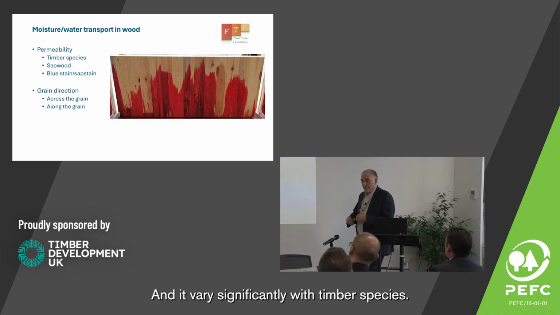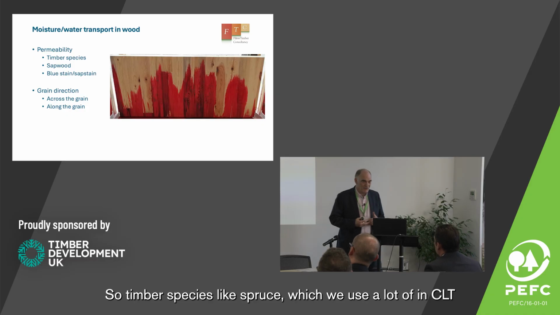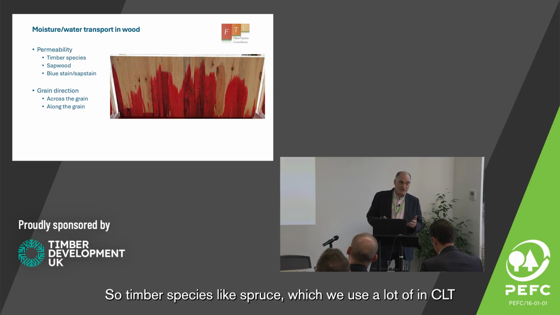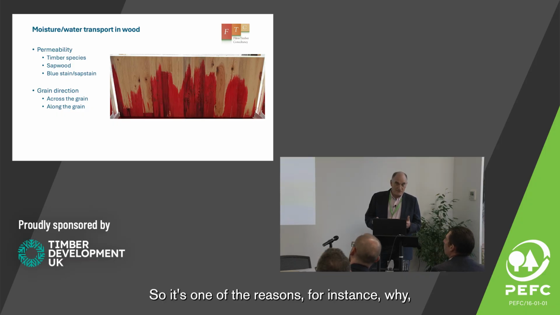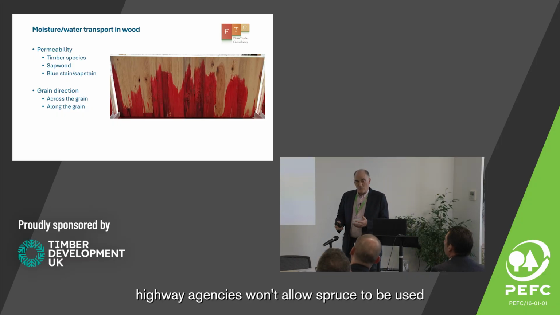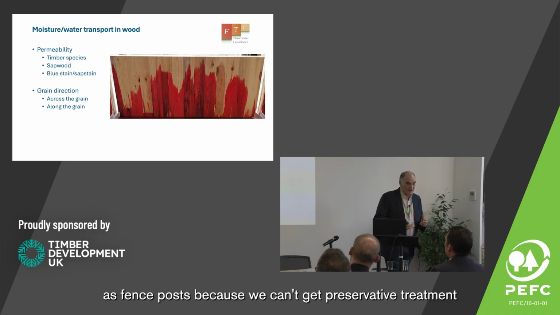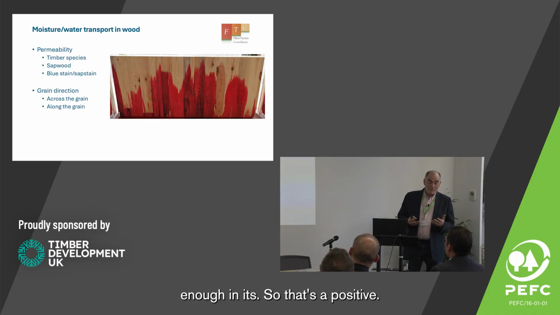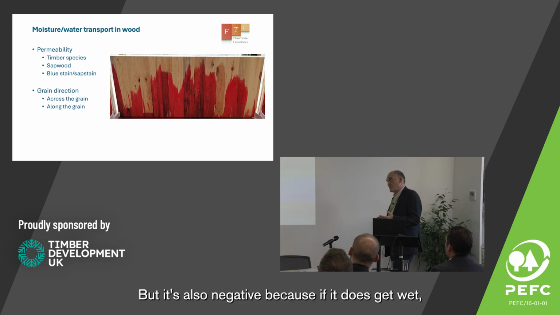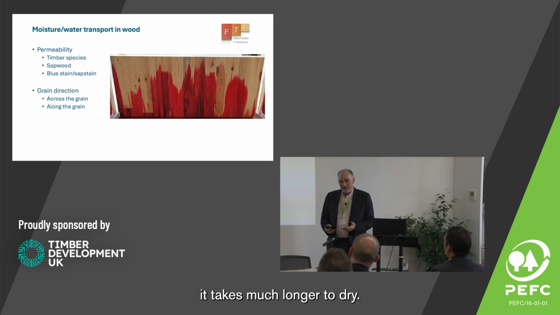And it varies significantly with timber species. Species like spruce, which we use a lot of in CLT, is fairly impermeable or very restricted. It's one of the reasons, for instance, why highway agencies won't allow spruce to be used as fence posts, because we can't get enough preservative treatment into it.